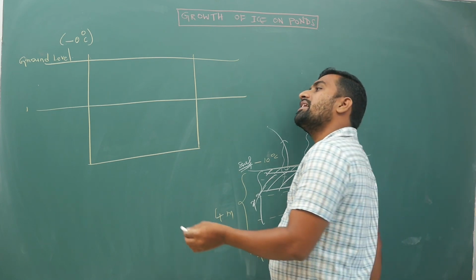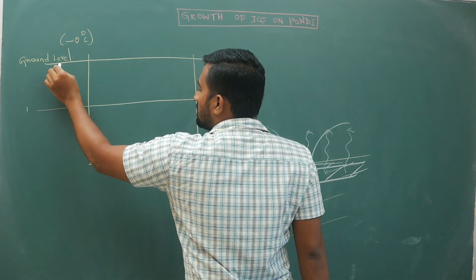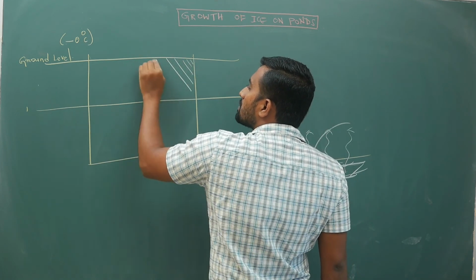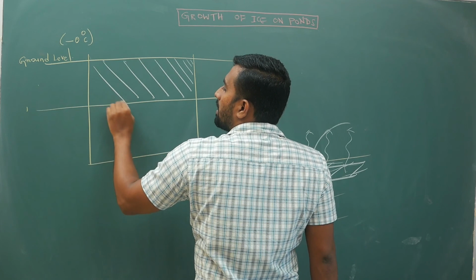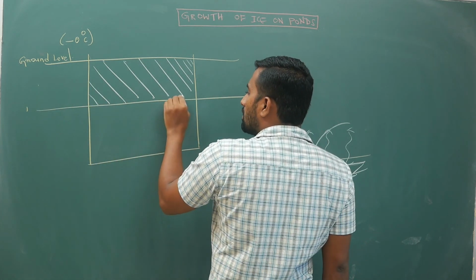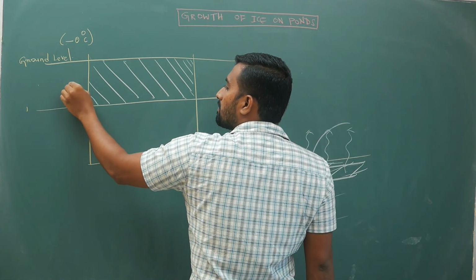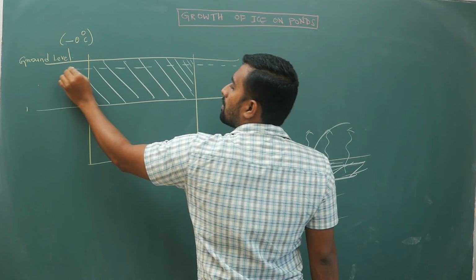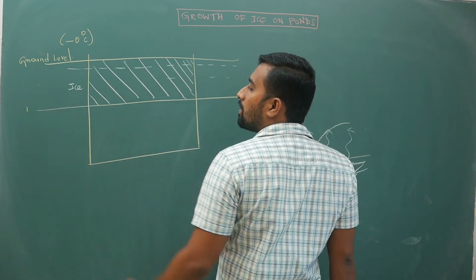Initially, till this ground level, everywhere water is there, but later this part will form ice. Initially everything was water.